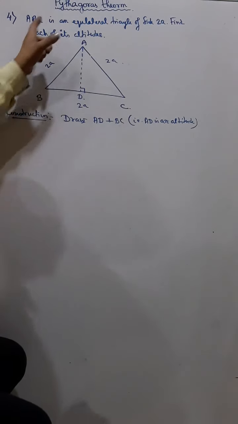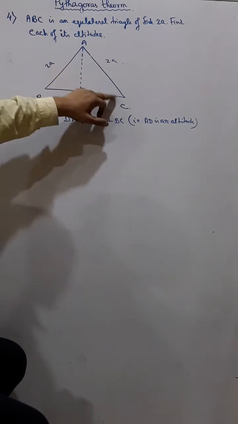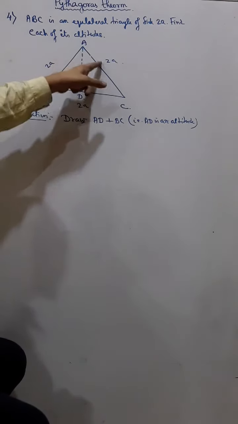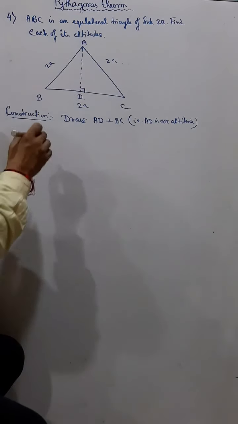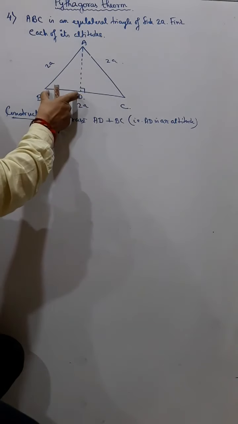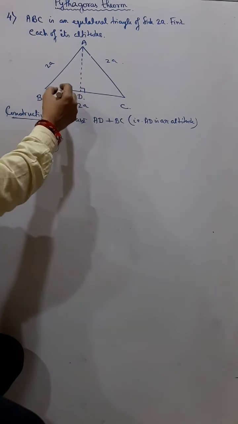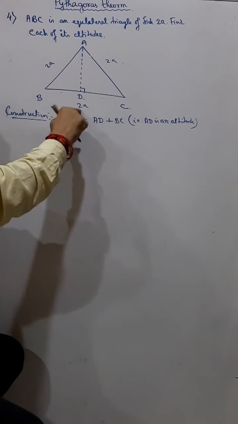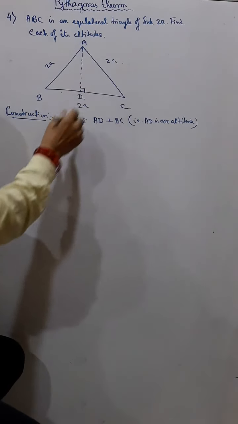Since it's an equilateral triangle, each of its altitudes will be equal. In this triangle, first of all we can prove these two triangles congruent, and therefore BD equals DC, and BD and DC will be A and A each because BC is 2A. So first we have to prove that these two triangles are congruent.